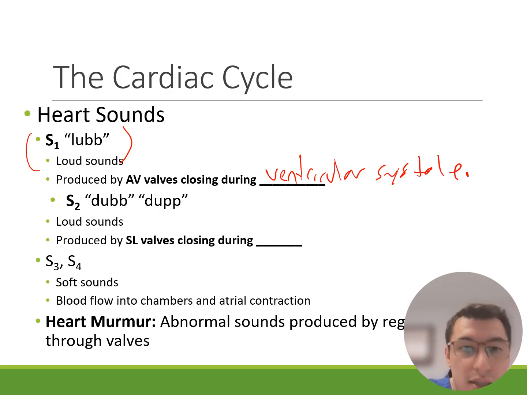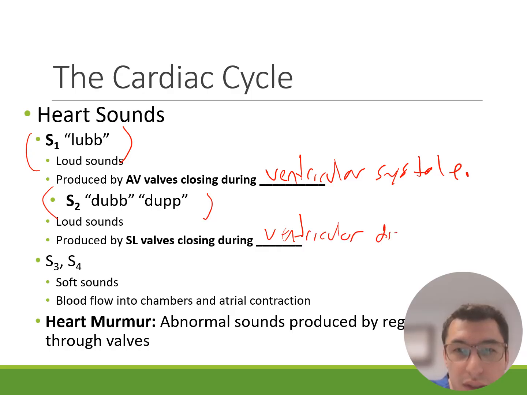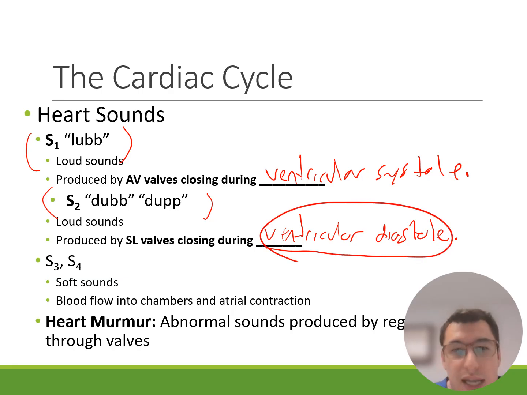The second heart sound is related to the closing of the semilunar valves, and the semilunar valves close during ventricular diastole. Remember that as we finish ventricular systole, the valves will close because the pressure within those ventricles will start to fall.